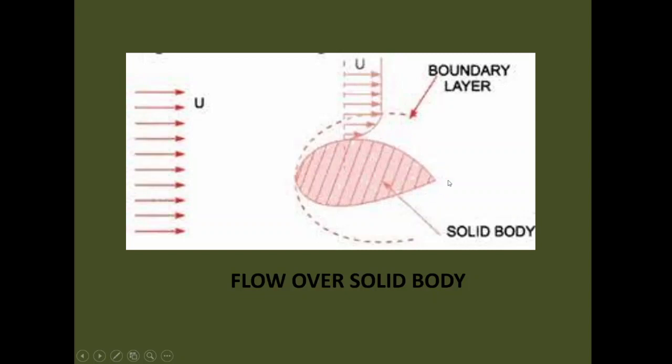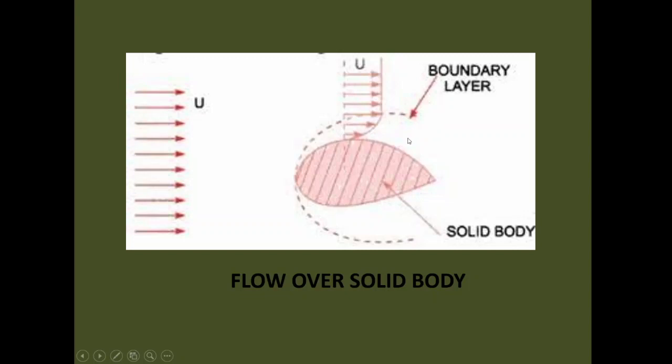Okay, clear? This is the solid body which is at rest. This is the real fluid, with free stream velocity u. Now at the boundaries, the fluid particles will have the same velocity as the boundary, that is 0, and it will go on increasing away from this boundary. This region is known as boundary layer.